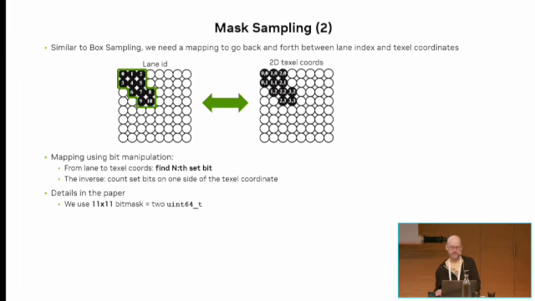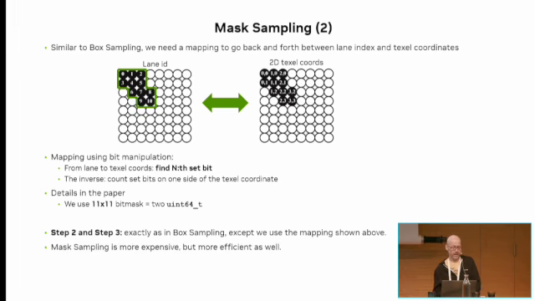For lane to texel coordinates, we use a find set bit, and the inverse is counting set bits on one side of the texel coordinate. In practice, we use an 11 by 11 bit mask using 2 unsigned int 64s. And then step 2 and 3 are done exactly as in box sampling, except that we use the mapping shown above here.